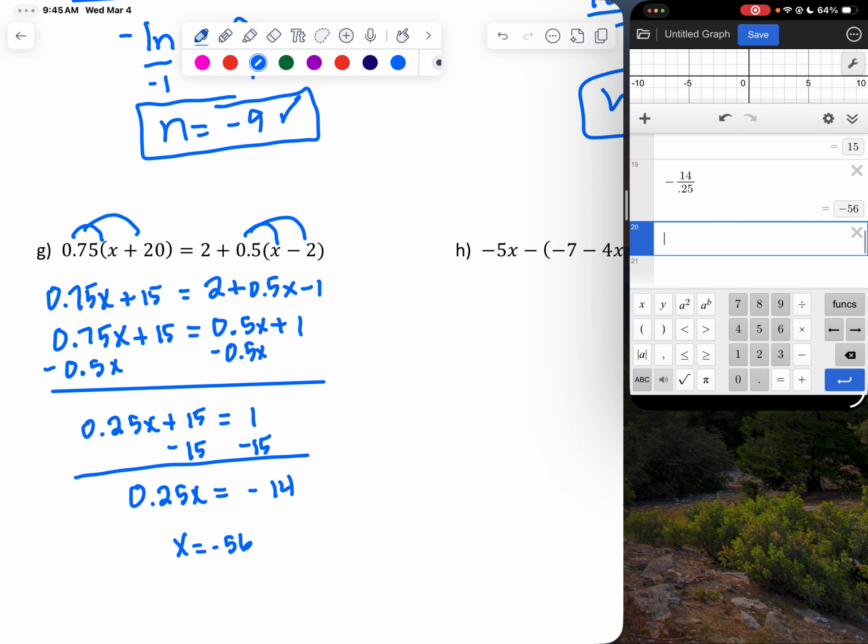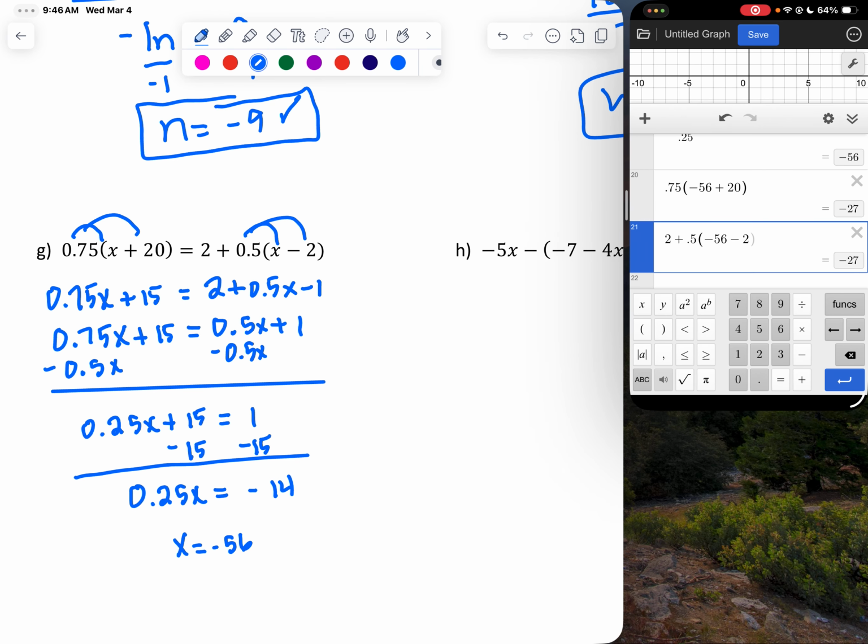Then I checked my solution, 0.75 parenthesis negative 56 plus 20. So that left side gave me a value of negative 27. On the other side, 2 plus 0.5 parenthesis negative 56 minus 2.